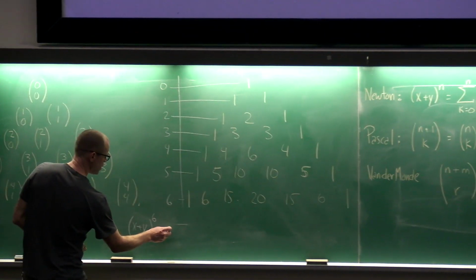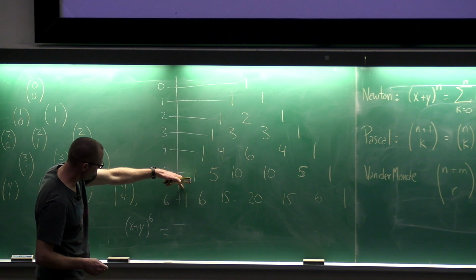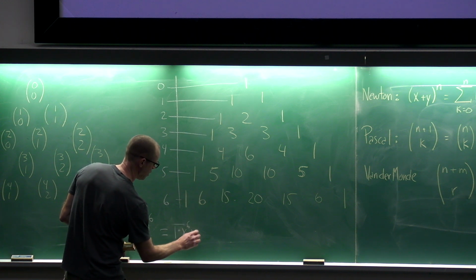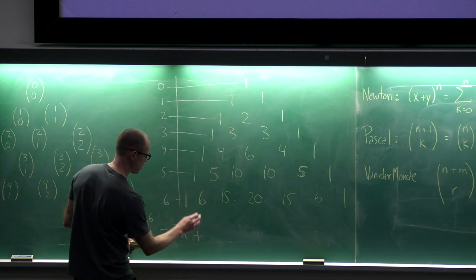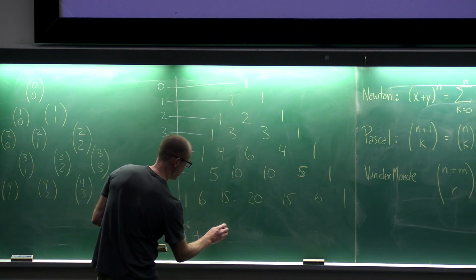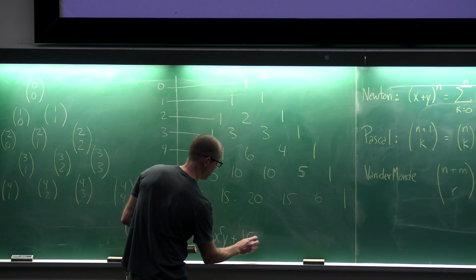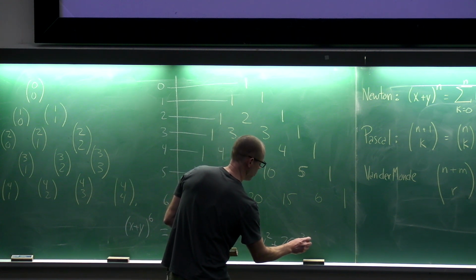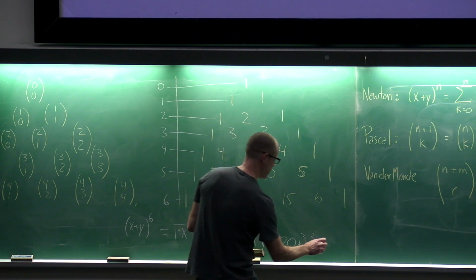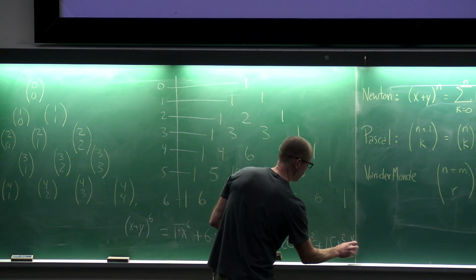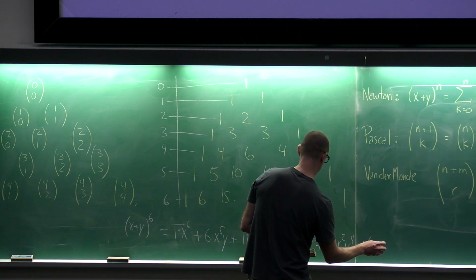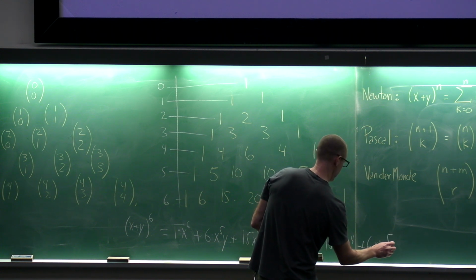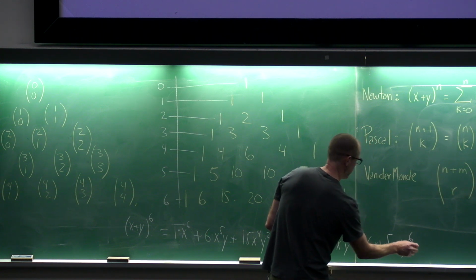So that tells us that 6 choose 0 is 1, there it is, so we get 1 times x to the 6 with no y, plus 6 times x to the 5 y, plus 15 x to the 4 y squared, plus 20 x cubed y cubed, plus 15 x squared y to the 4, plus 6 x y to the 5, plus y to the 6.